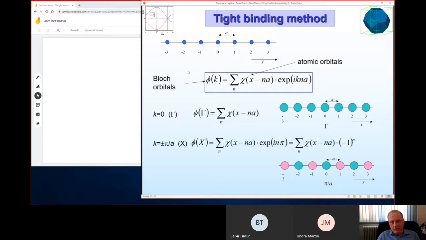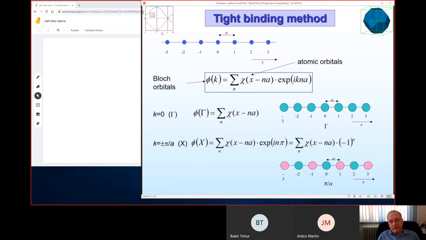Last week we defined some conditions which the wave function must satisfy if it describes the states of electrons in a periodic crystal.